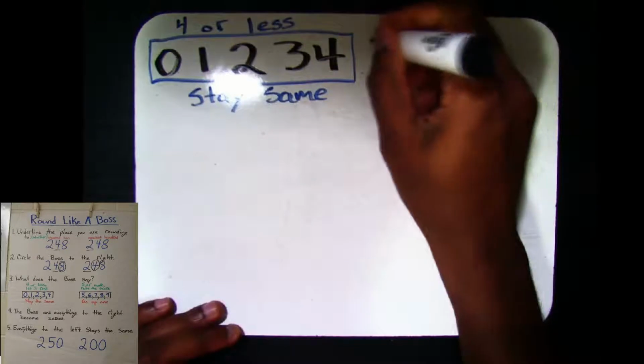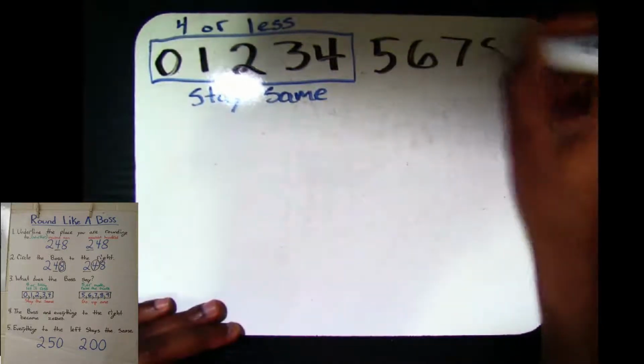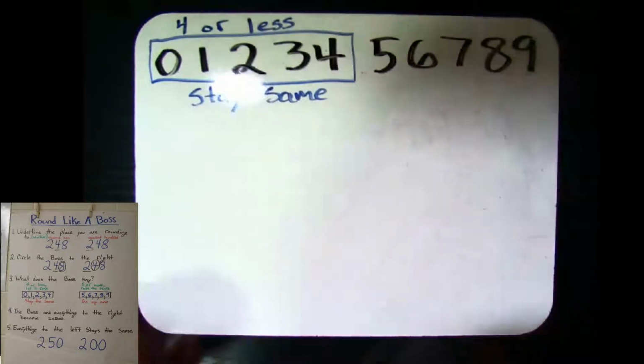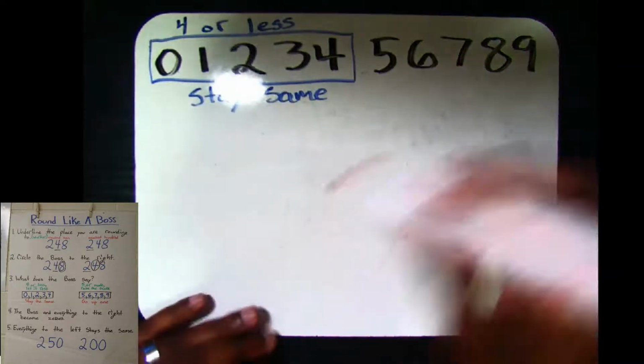Now, our other half of digits are 5, 6, 7, 8, and 9. And a common phrase you hear with those digits is "5 or more, raise the score."